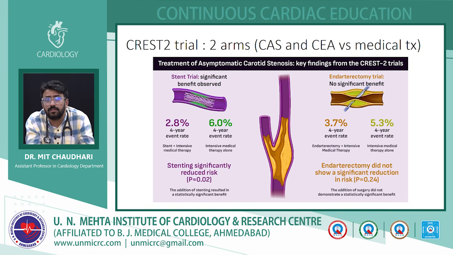In the patients who underwent the stenting procedure, there was less risk of the 4-year event, 2.8%, while the endarterectomy arm had almost a 4% 4-year event rate. So in this trial, they showed that stenting significantly reduced the risk. This is the recent addition.